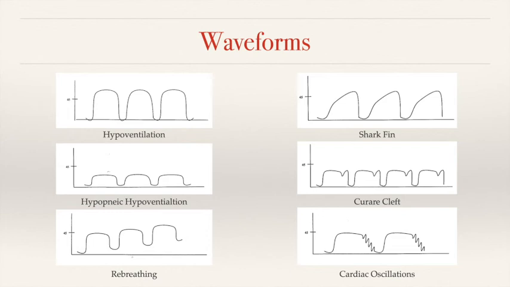Now another thing about this hypoventilation, this would be a respiratory acidosis. However, this could be a compensation for metabolic alkalosis. Remember, we talked about how the metabolic disturbance is going to be compensated with the opposing respiratory disturbance. So here it's very important that we have a medical history and we've done an examination on our patient.